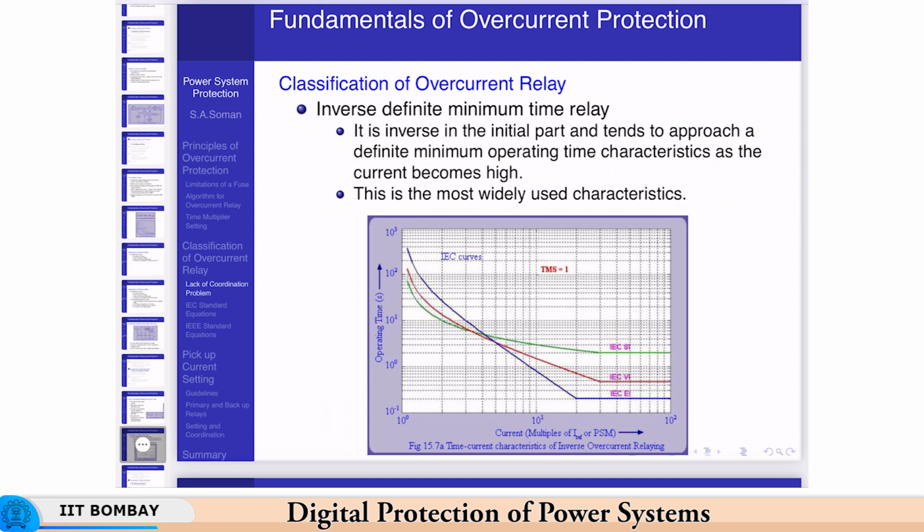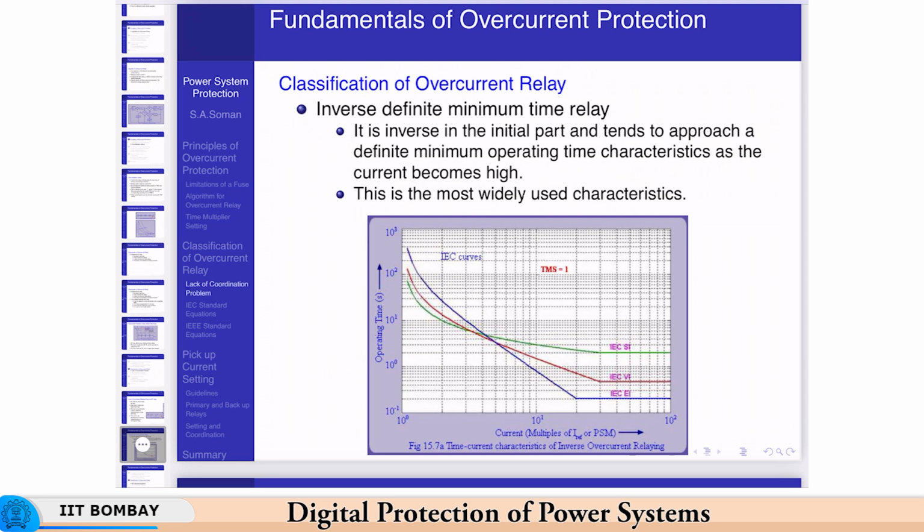Okay. So, this is the most widely used characteristic. Instantaneous is also used as backup for high fault situations, but otherwise the most widely used kind of relay is the IDMT relay. You can see three characteristics here. These are the IEC defined characteristics.